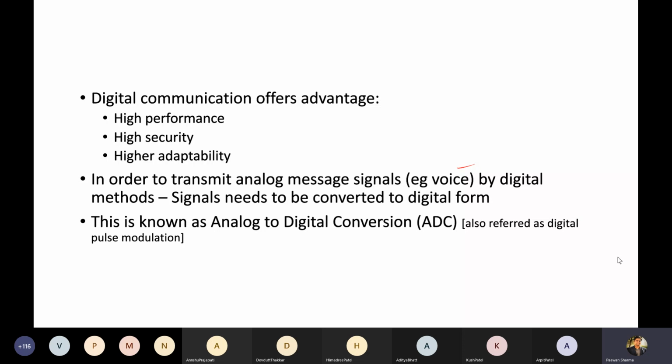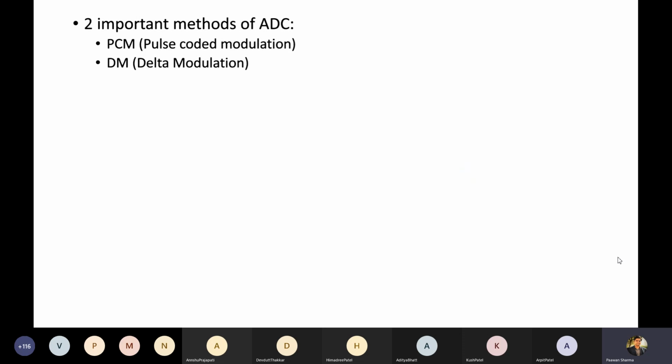I hope you have studied the concepts of ADC in earlier semesters. Here we will refer to ADC as and when required as per our digital communication requirements. This is also known as digital pulse modulation with regards to our digital communication.